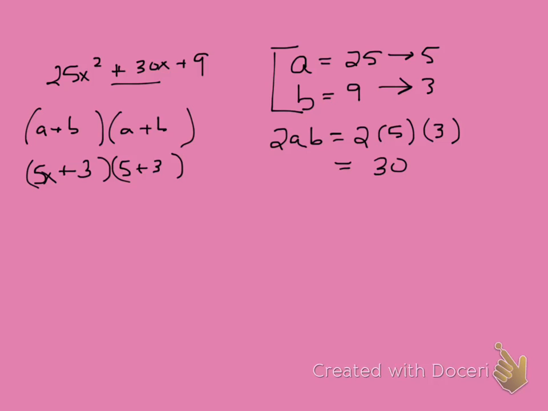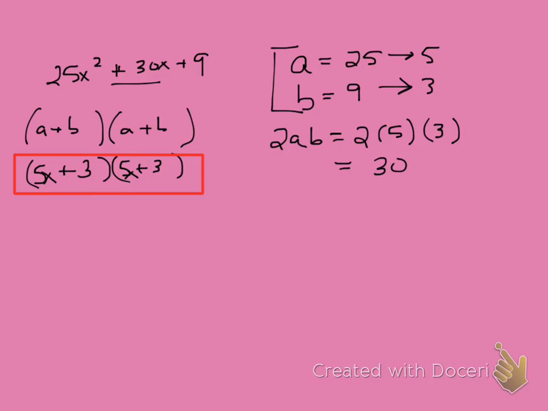X. So 5x plus 3 and 5x plus 3. And again, if you wanted to, you could also rooftop. We're not going to go through that process to save time, but if you had to, you could rooftop.